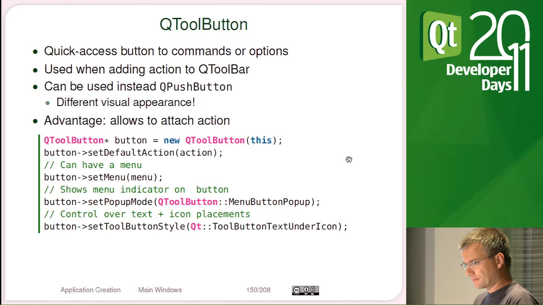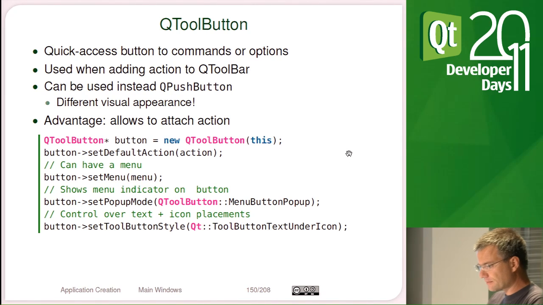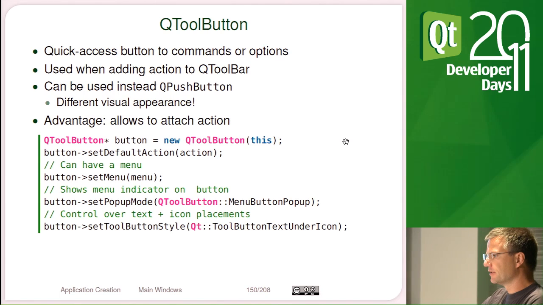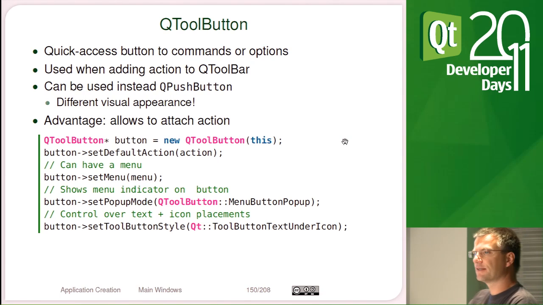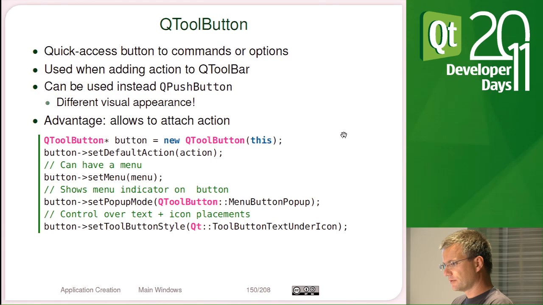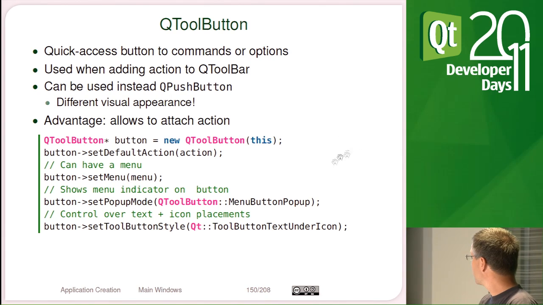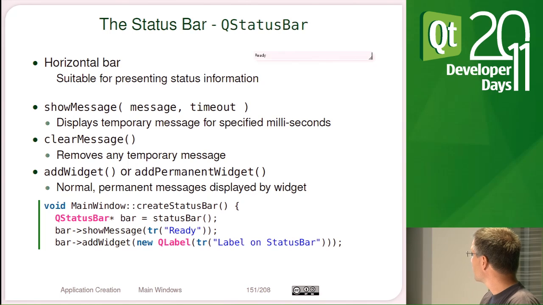Okay. Here is some additional functionality on how to interact with tool buttons, how to set it up from source code. But when we use Creator, everything is done for us.